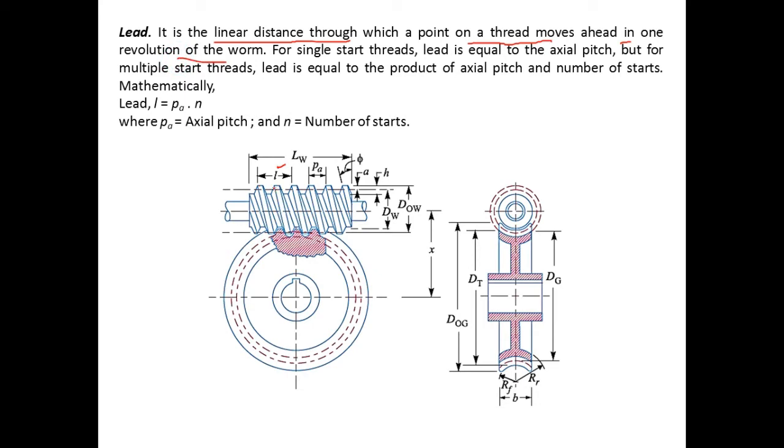So if we analyze the definition, it is the distance covered by a point on a worm during one revolution of the worm. Let me simply say, if one point is here, after one rotation this point will move to this point. So this distance L is known as the lead.